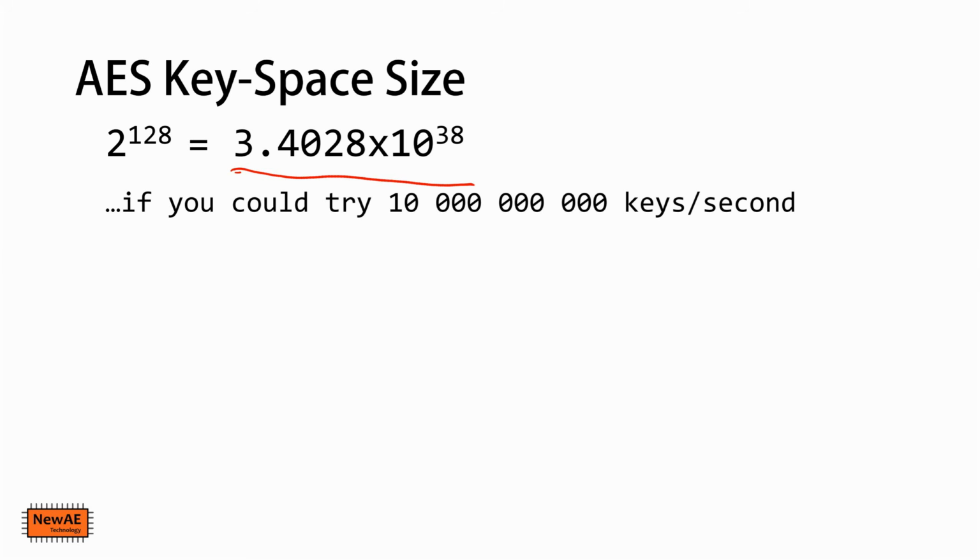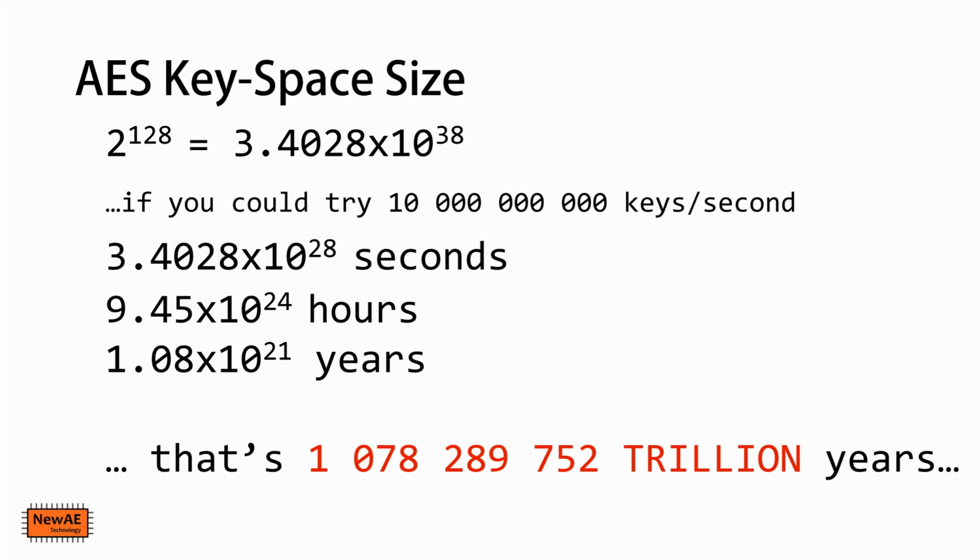What that looks like: if you could try 10 billion keys per second to try every possible key, you're still looking at like 1 billion trillion years. So even if you find the hit halfway through the key space, it's not saving you any time. Even if you're able to test trillions or hundreds of trillions of keys per second, it's still going to be in like the trillion year category. So it's such a huge key space. You just can't brute force check everything.